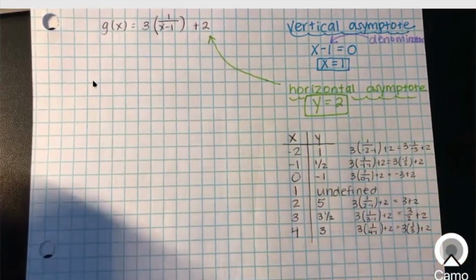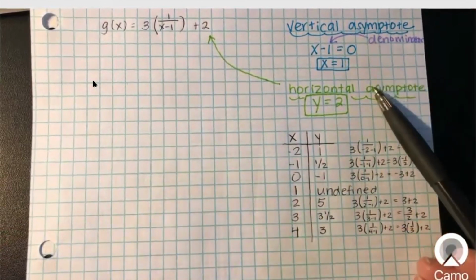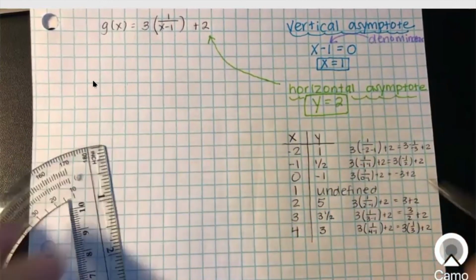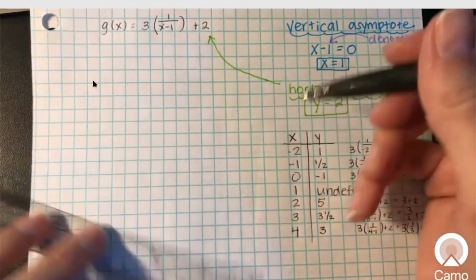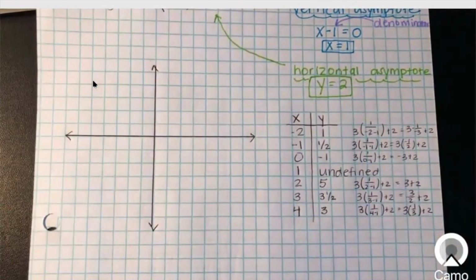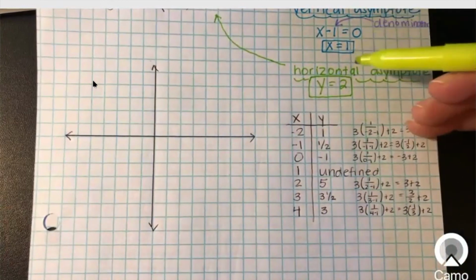I'm going to make my coordinate plane, and then I also want to include my asymptotes. So we're going to create our coordinate plane first, then we're going to graph our asymptotes, and that's going to help us to kind of set everything up right. Okay, so just like we talked about yesterday, I like to include my asymptotes in a highlighter, but you can use a dotted line or just regular pencil.